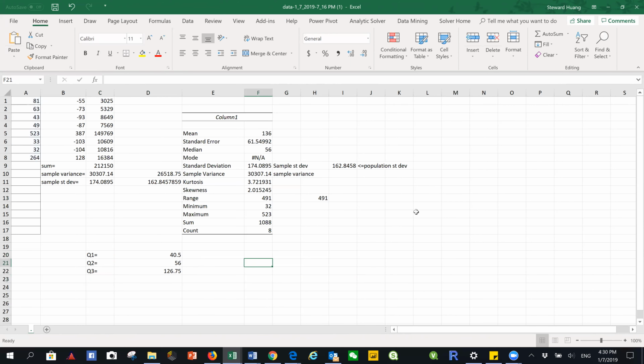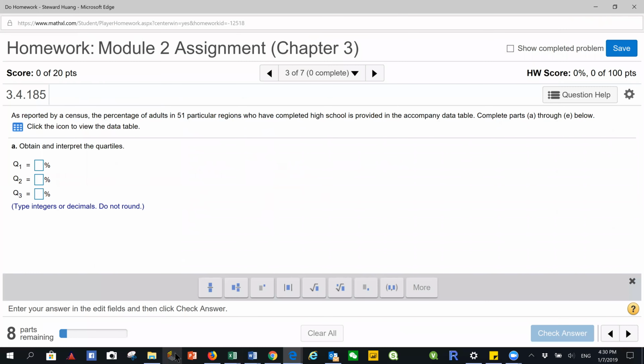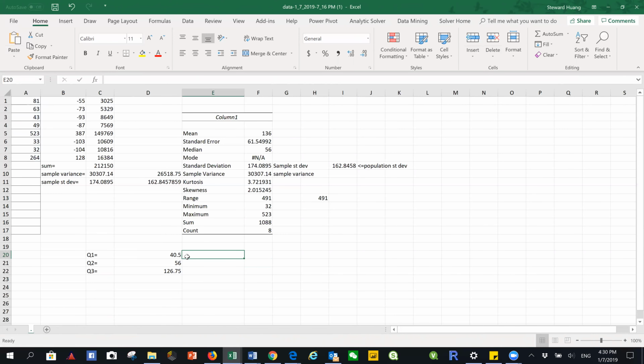So I got Q1, Q2, Q3. All right, easy. Also, you can calculate that with PERCENTILE. Percentile also inclusive, okay, and then select the array, comma, and K is, for example, for the 25th percentile. Oh, sorry, K should be 0.25. So you can see you get the same number, and so on and so forth.